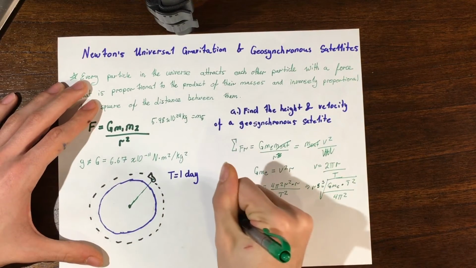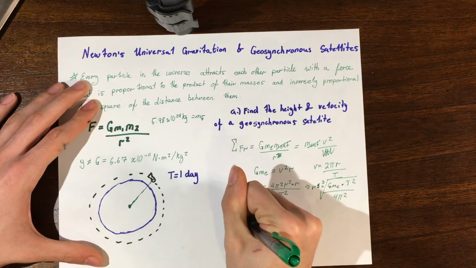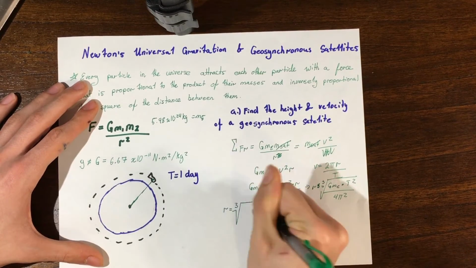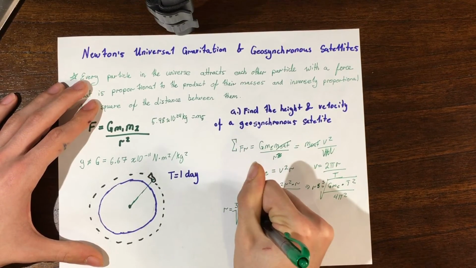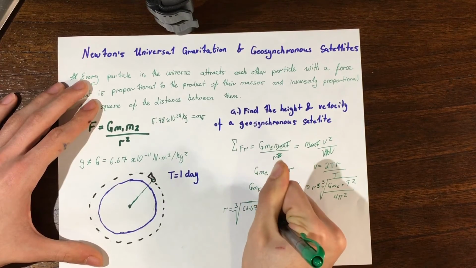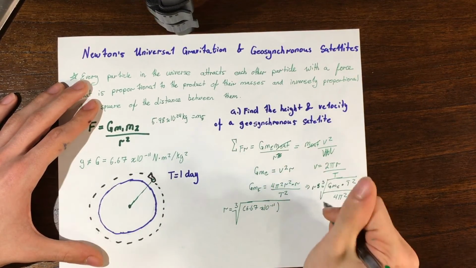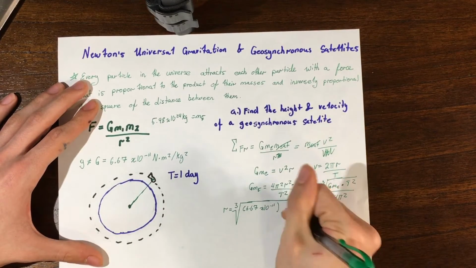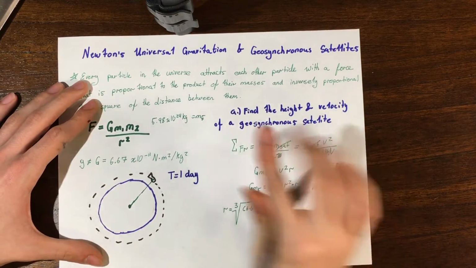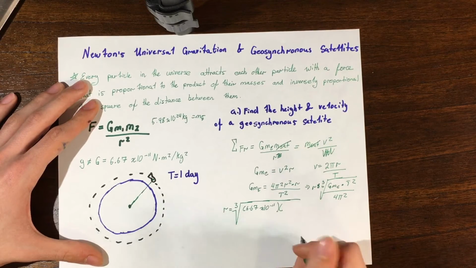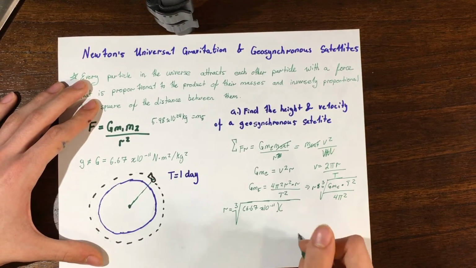So that means our radius is equal to the cube root of G M_E, where G is 6.67 times 10 to the negative 11th newtons times meters squared over kilograms squared, times our period, which we convert to seconds to get our units. 1 day is 86,400 seconds.